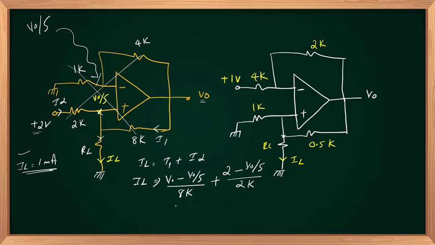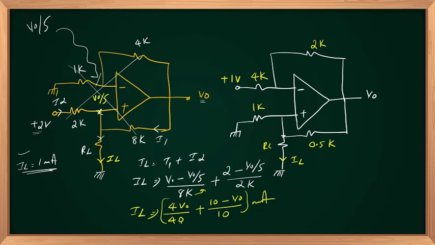Taking the LCM, I'm making it milliampere by cancelling kilo ohm in the denominator. So IL is equal to V out minus V out by 5. Taking the LCM, 5 V out minus V out, nothing but 4 V out upon 40, plus 10 minus V out by 10, that much milliampere, because kilo over kilo, taking it as 10 power minus 3.